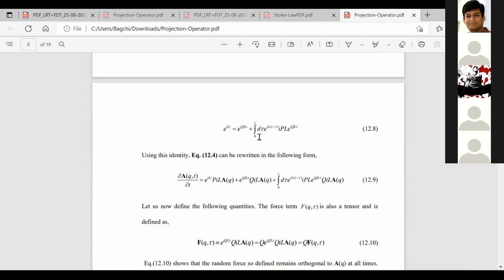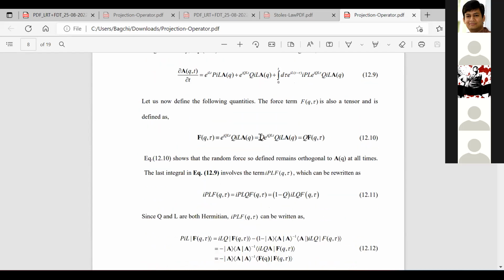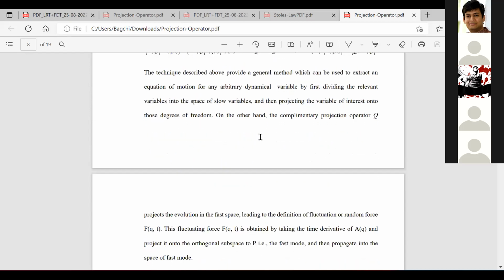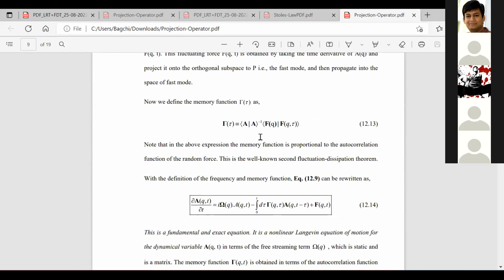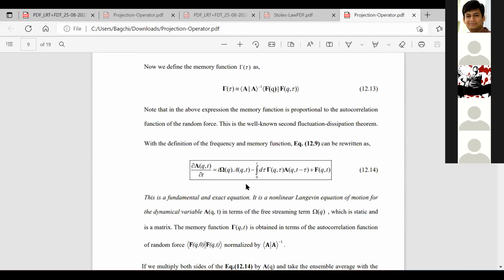But one can, by manipulation of the very similar kind we have done in the linear response, derive an equation. I'll go back, don't worry, I'll go back and show you the equation. The equation of motion of A is then i omega A(t) plus a term with Q. The other two terms I am showing.